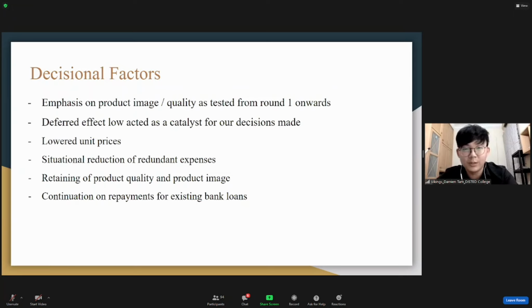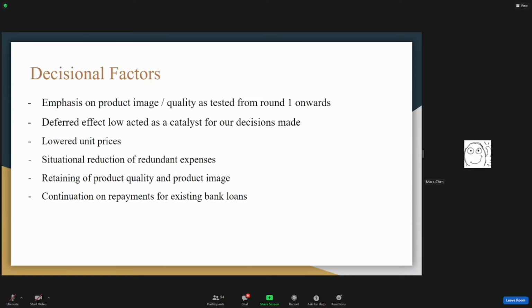Coming next is the situational reduction of all redundant expenses, which could be seen evidently during our final round, where we eliminated material purchasing quantity and equipment investments and only invested in marketing and R&D to retain product quality.